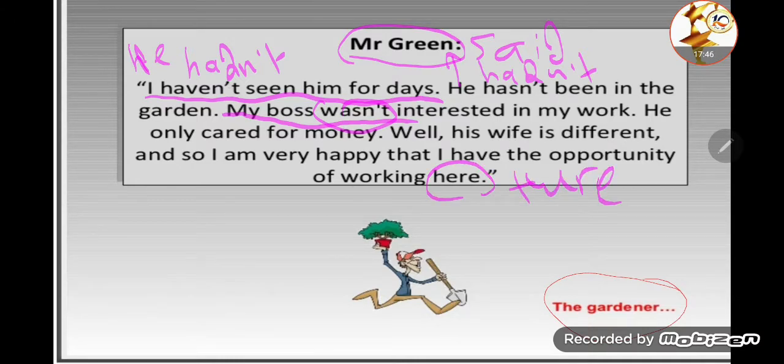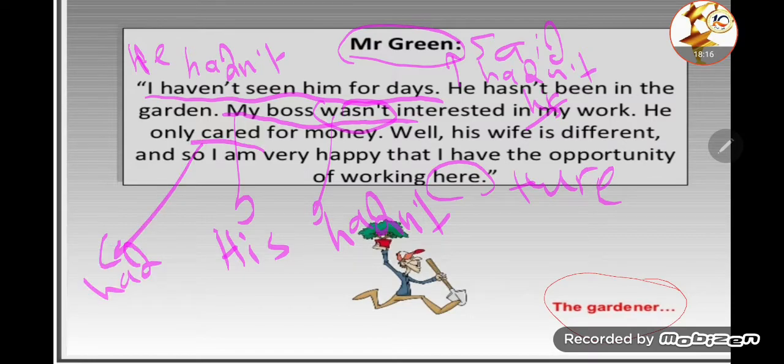So we said here, he hadn't seen him for days. He hadn't been in the garden. His boss wasn't becomes hadn't been interested in his work. He only cared becomes had cared here.